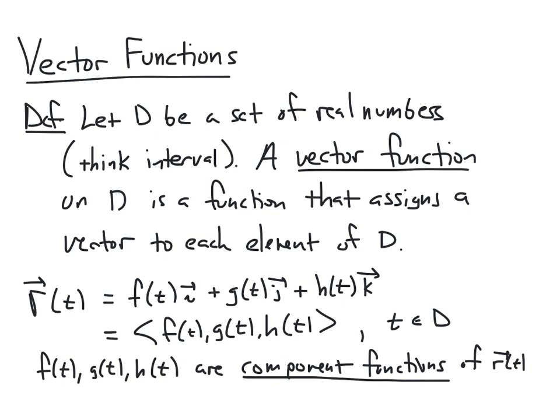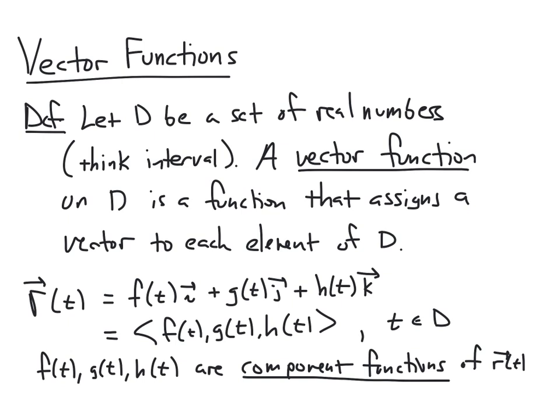So R is the vector function. It outputs vectors for each input. And these three component functions are just your normal functions that you've studied since algebra. You input a real number and you output a real number. Right? And so these are the three component functions for the vector function R.